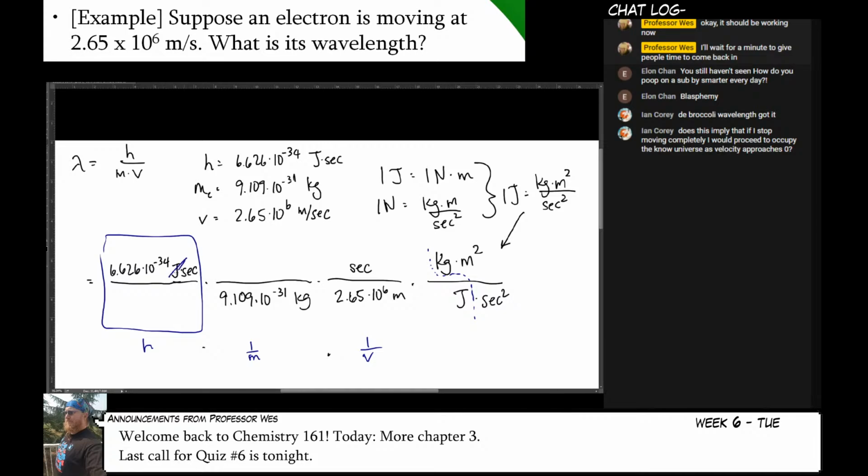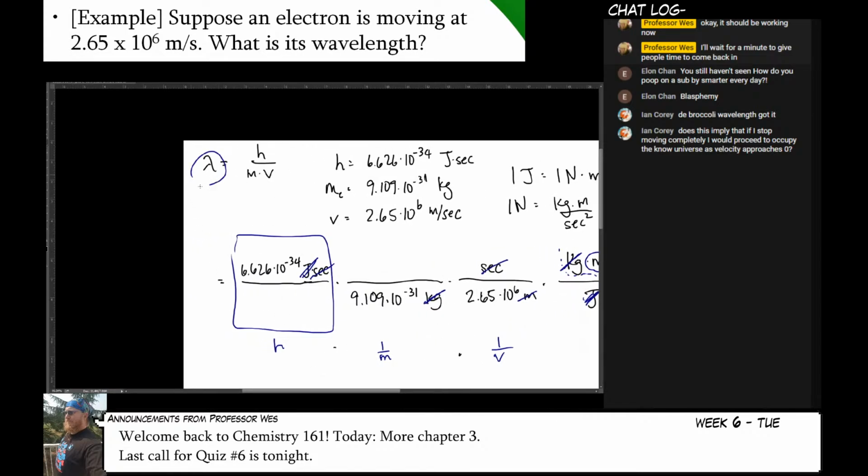The joules go away, the kilograms go away. There are 2 seconds on the top and a squared second on the bottom, so that goes away. Then a meter on the bottom and a meter squared on the top cancel out, and the only unit left is meters, which is real convenient because that's what we're looking for.